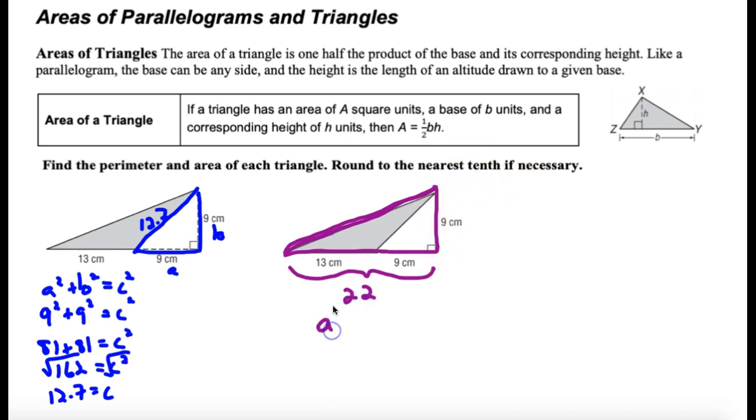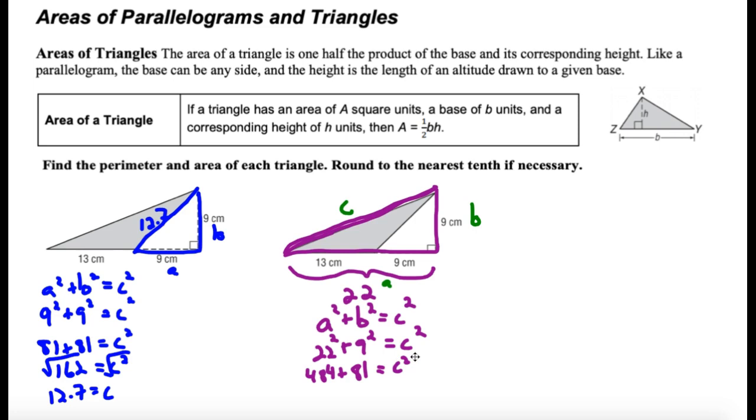So if I'm doing a squared plus b squared equals c squared, this 22, okay, would be one of my a or b. I'll call it a, call this b, and then my hypotenuse is c. So my setup would be 22 squared plus 9 squared equals c squared. So 22 squared, 484, and 9 squared is 81.